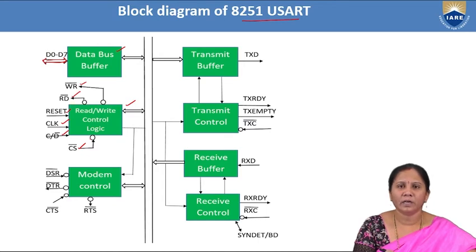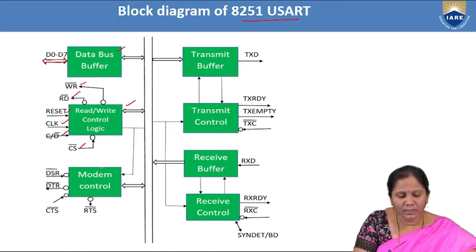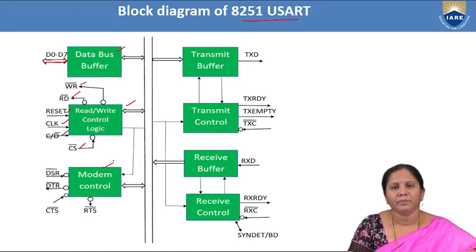This block will control all the operations of the 8251 USART. The next block is the modem control. This modem control is the block which is used for conversion.